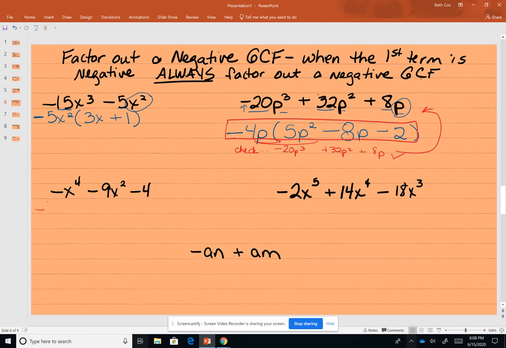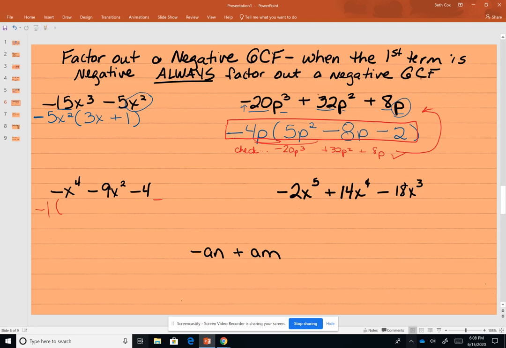Take out a negative 1 for sure. Is that first term a negative? Yeah, take out a negative first. And if I look, that's the only thing. That's why I put a 1, because I kind of already knew it and forgot to slow down and let you think it through. But there's a negative common, and that's it. There's no common number. There's no common variable because the last term does not have an x. So I'm just factoring out a negative 1.